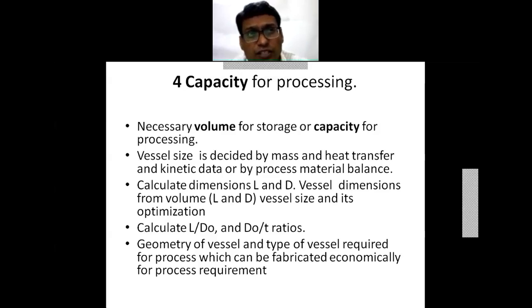There is some vessel volume, and based on that only I am having the limitations related to the product or the production capacity, quality of the product, as well as the quantity of the product, that is also based on this capacity. Then the vessel size is decided by the mass transfer, heat transfer, and the kinetic aspects.